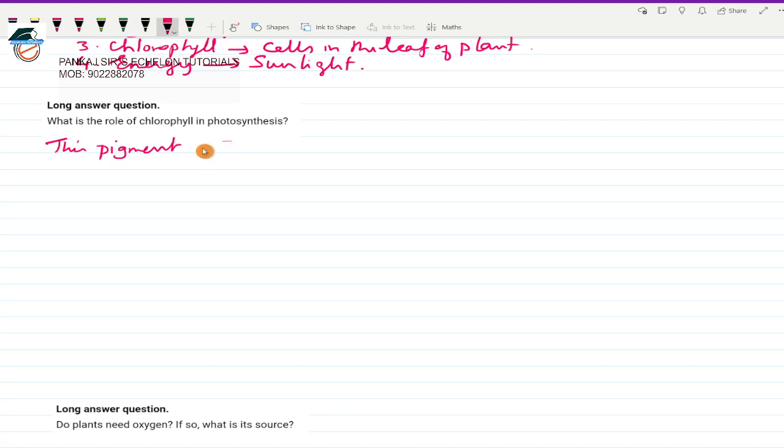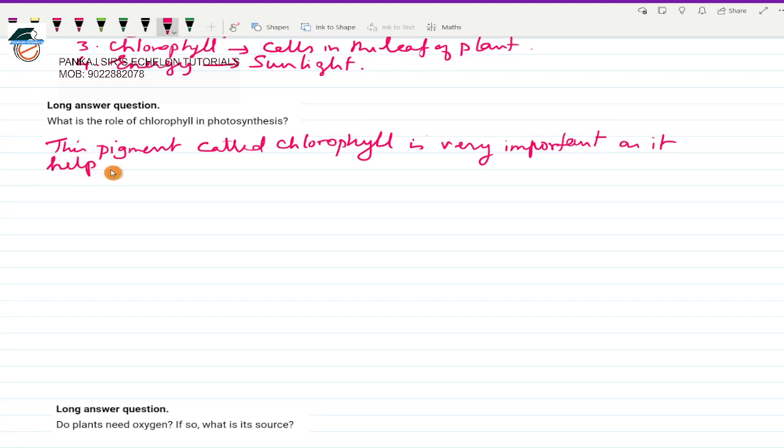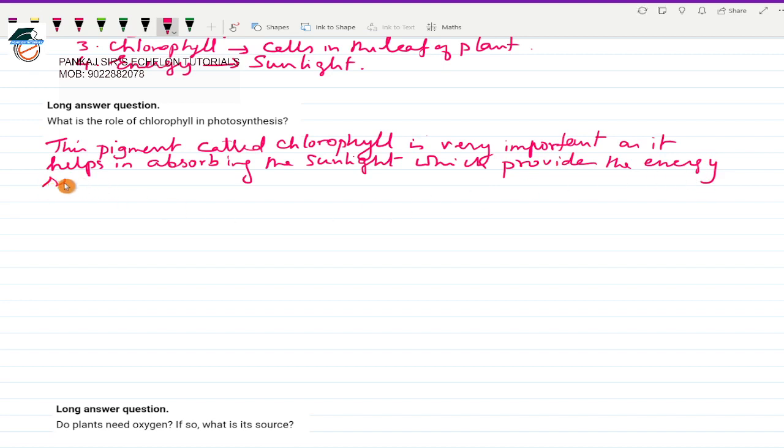This pigment called chlorophyll is very important as it helps in absorbing the sunlight, which provides the energy required for the photosynthesis.